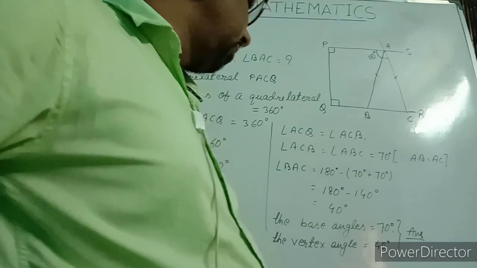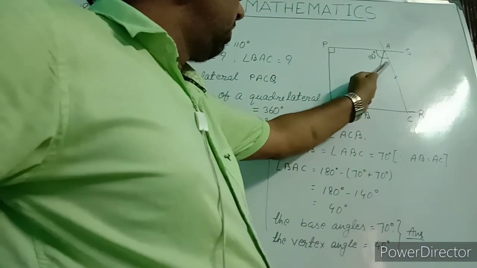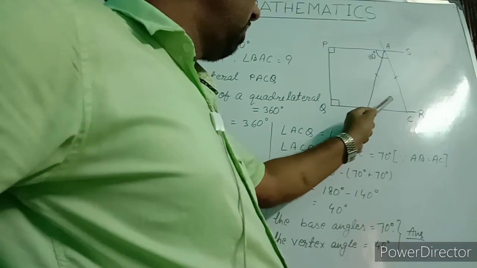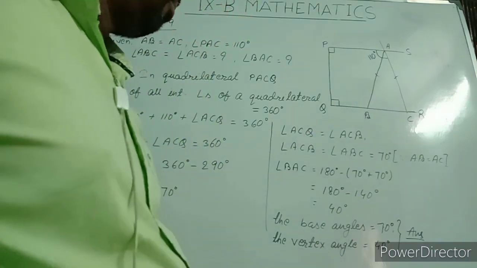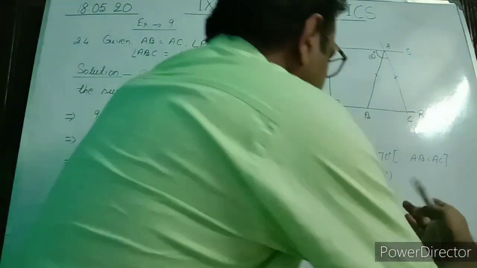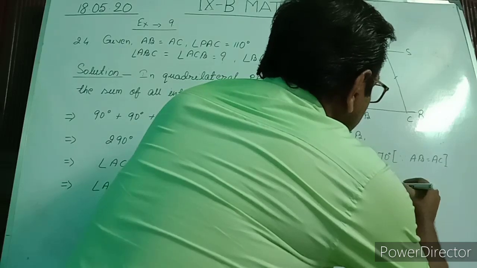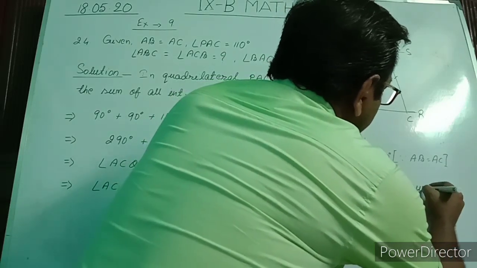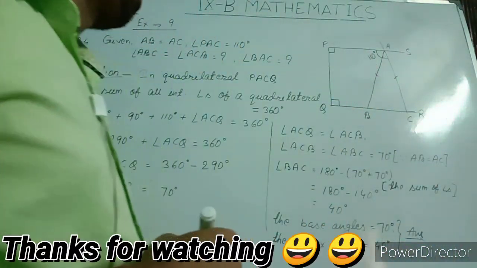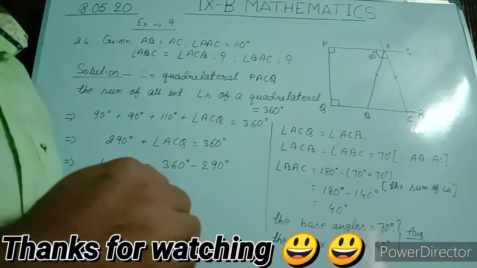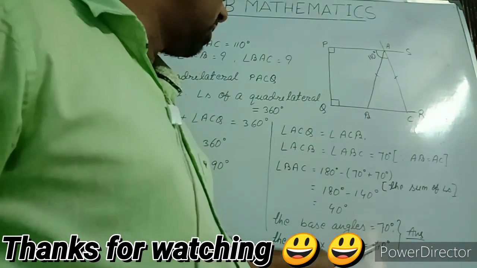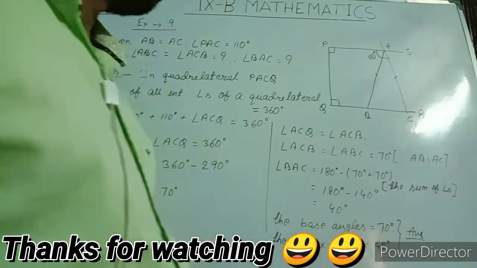Since AB equal to AC, therefore angle BAC equal to 180 minus 70 plus 70, because of the sum of angles of a triangle. 180 minus 140 equal to 40 degrees. So the base angles equal 70 degrees and the vertex angle equals 40 degrees. These two are the answers.